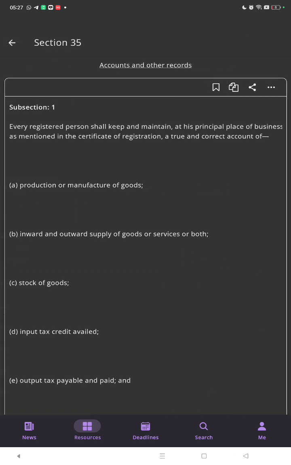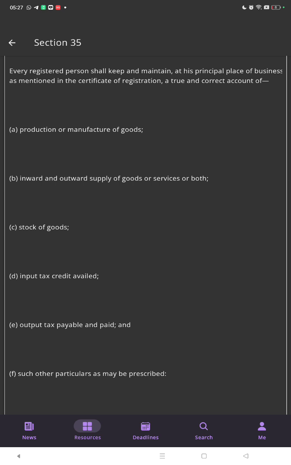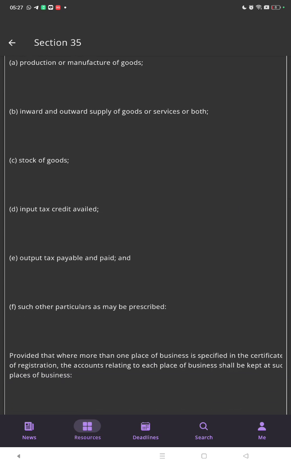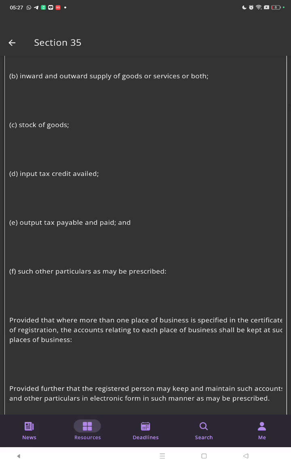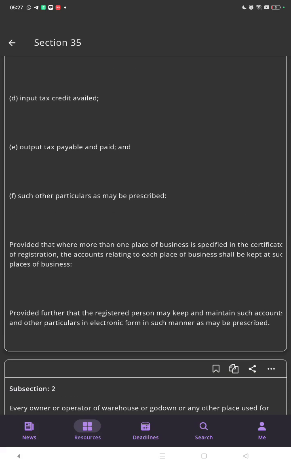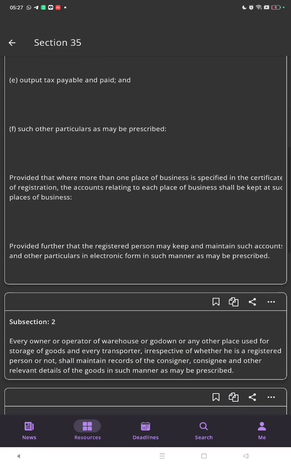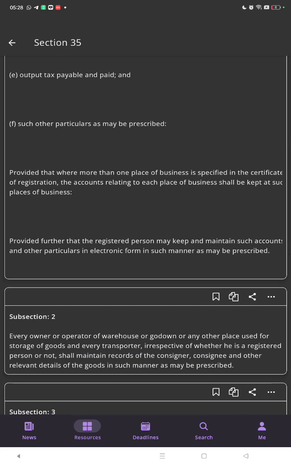Section 35, subsection 1: Every registered person shall keep and maintain, at his principal place of business as mentioned in the certificate of registration, true and correct accounts of the production or manufacture of goods, inward and outward supply of goods or services, stock of goods, input tax credit availed, output tax payable and paid, and such other particulars as may be prescribed.